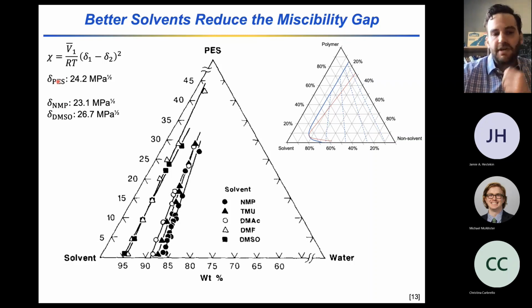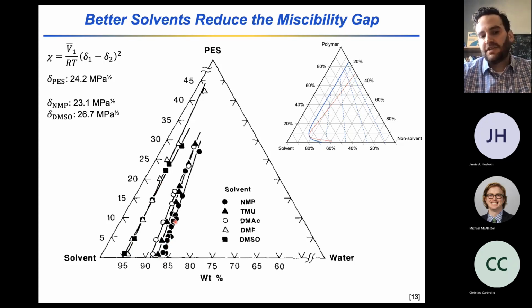And what that ends up doing is translating to the position of the binodal on the ternary phase diagram. DMSO, which has a larger difference between the solubility parameter with polyether sulfone and a less favorable interaction, has a miscibility gap that requires much less non-solvent or water to be added in order to hit the cloud point.